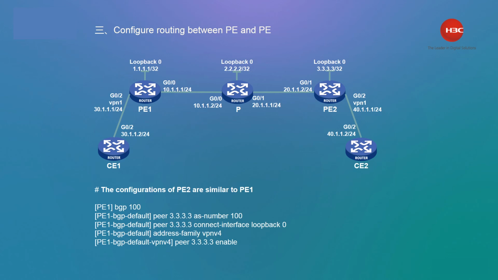If the import target attribute of the VPN instance on the opposite PE has the same value as the export target attribute of the route, the route is added to the corresponding VPN routing table, and the corresponding LSP path is determined to guide the subsequent labeled packet forwarding.